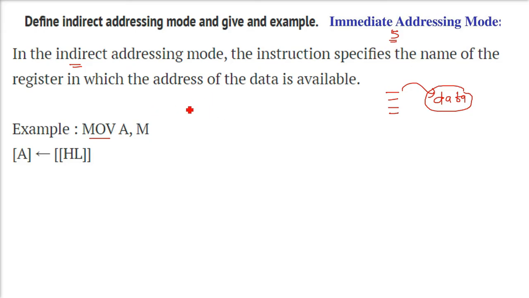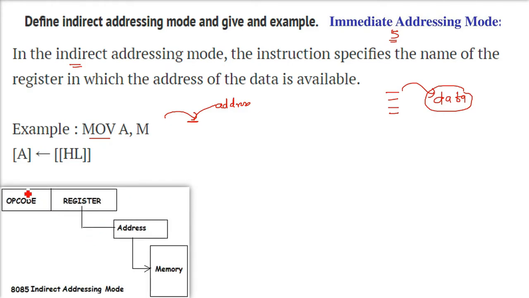So you're not telling the direct address of the data. You're telling that this will have the address of that data. Let me tell you again: in the instruction, we have an opcode, and here we have a register. This register will have an address, and that address will have the data.